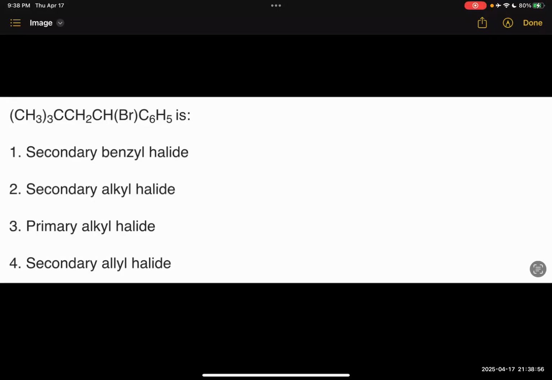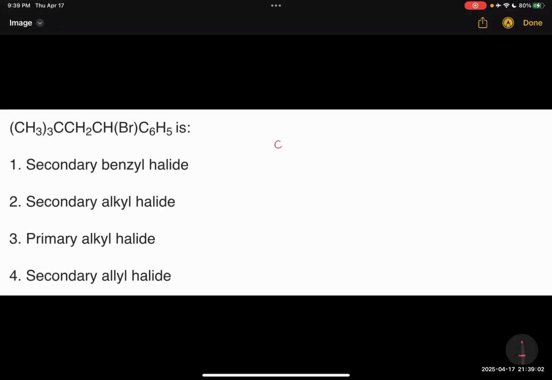There's one carbon which is attached to three methyl groups. Then there's CH2, which is attached to CHBr, and that, I presume, is CH2CHBr benzene. C6H5 is phenyl. Oh, yeah, phenyl. Okay, the carbon atom just outside the benzene.